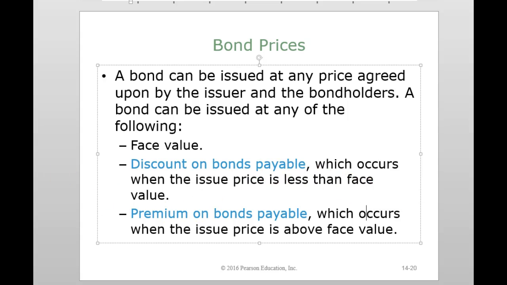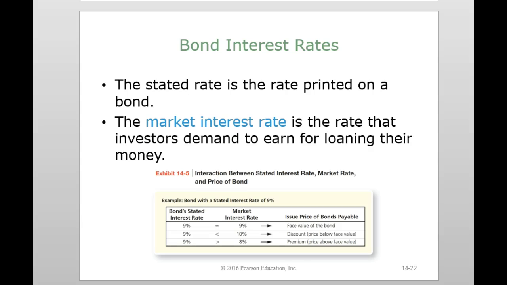So let's keep going. We can give you some examples. First of all, that was the stated amount or the face amount, the value of the bond. Also look at the bond interest rates. So we have the stated rate, which is on the bond, but we have the market interest rate, which becomes really important in this whole scheme.